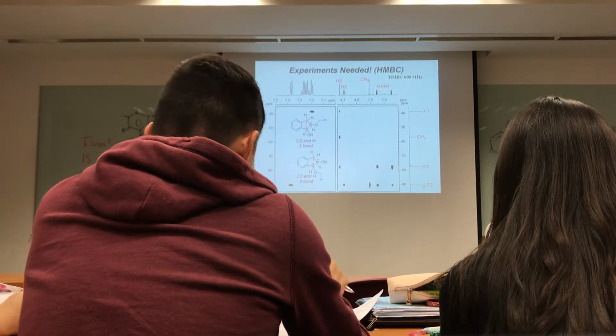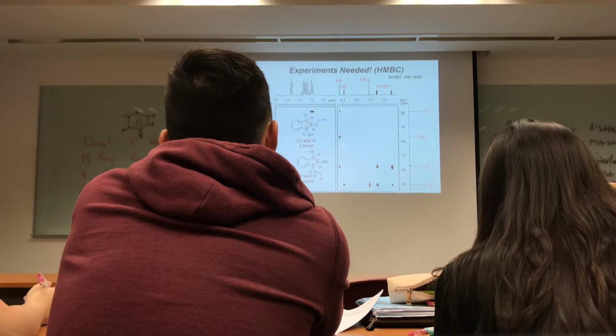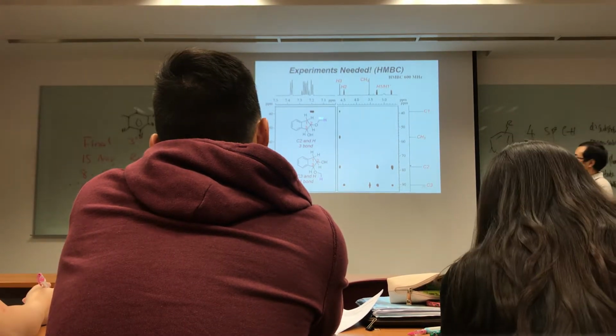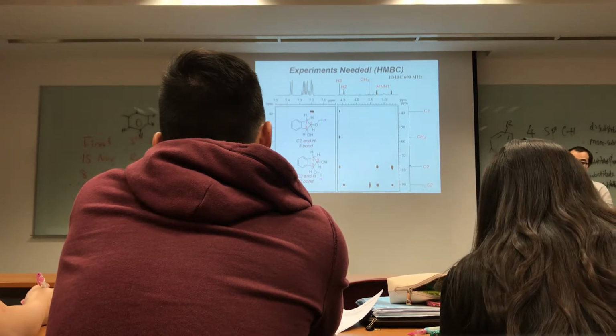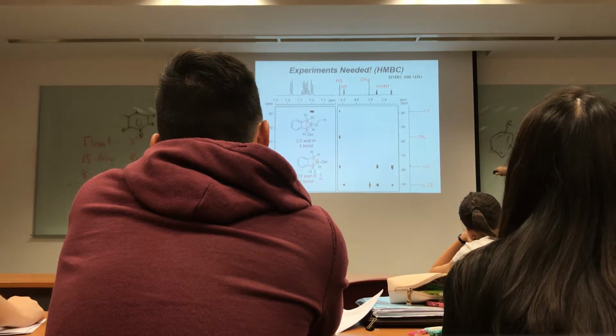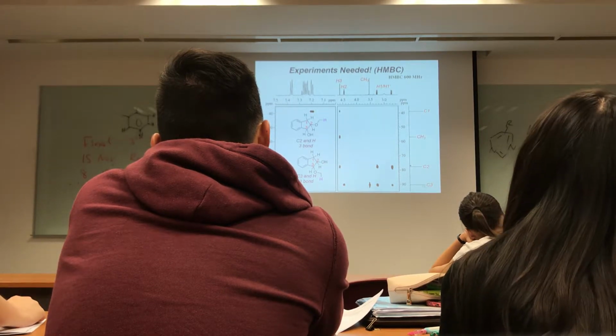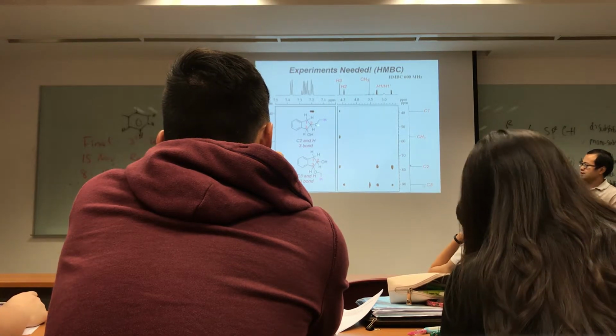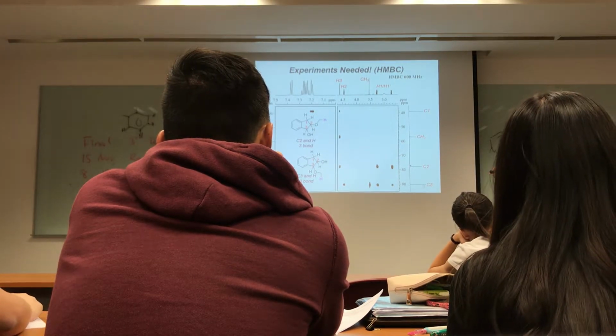Now we analyze those two structures. The only difference is the methoxy group. Methyl on this oxygen or on this oxygen. Now we analyze if the methyl is on this oxygen.